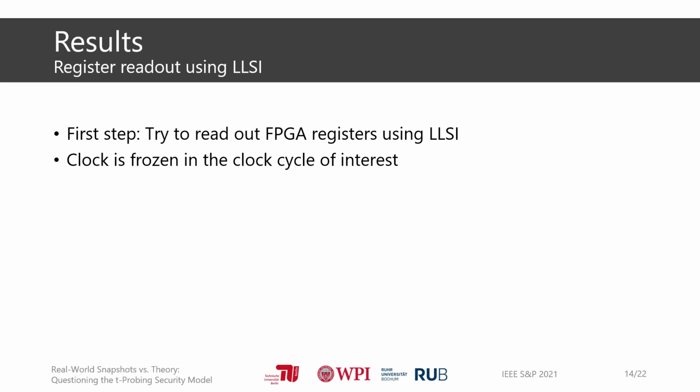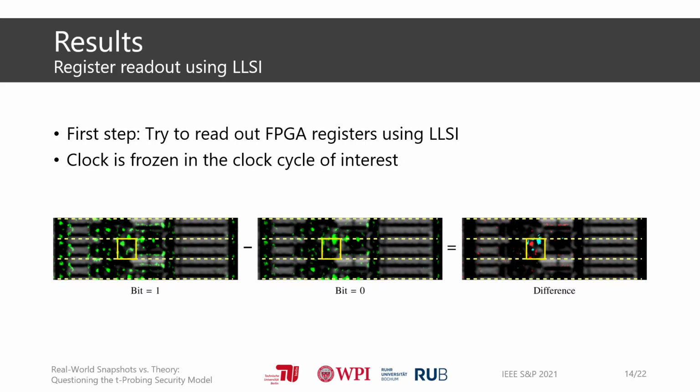As a first step, we analyzed the target FPGA and tried to extract the content from a single memory cell or flip-flop. Since it's an FPGA, we could easily run another program or switch the register's content at our will.